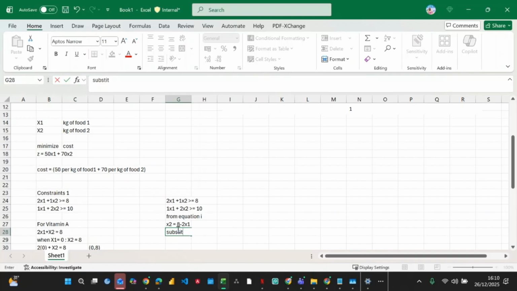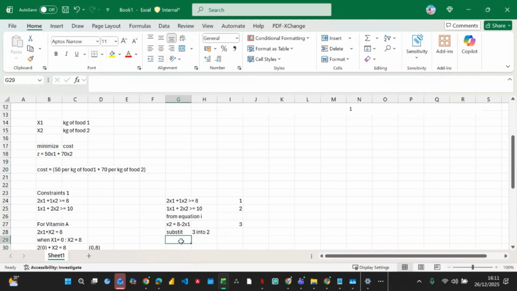Let's say this is equation one, this is equation two, and this one should become our equation three. So now we are going to substitute equation three into equation two.